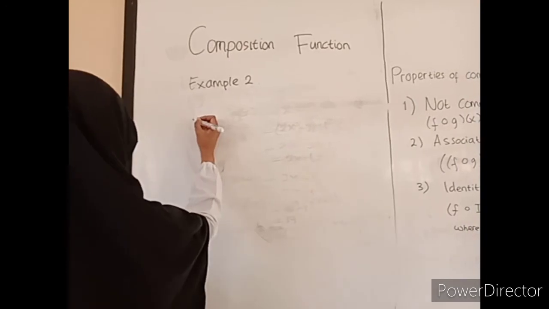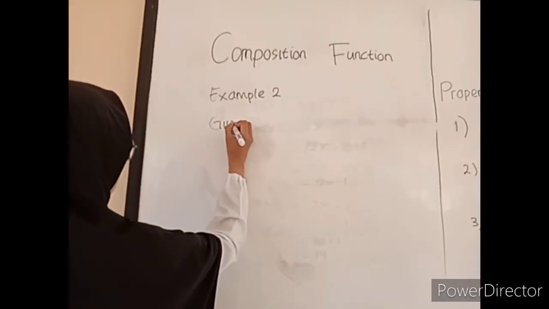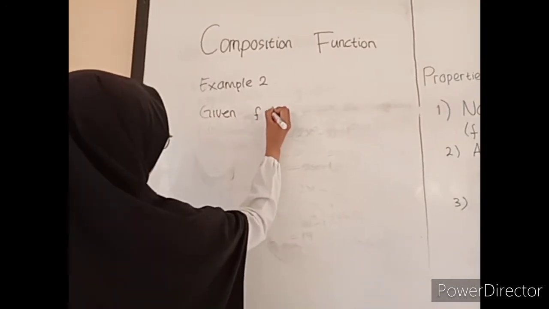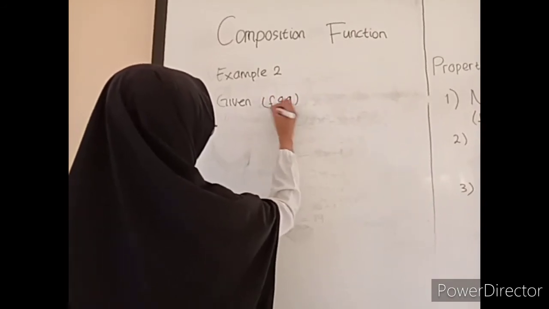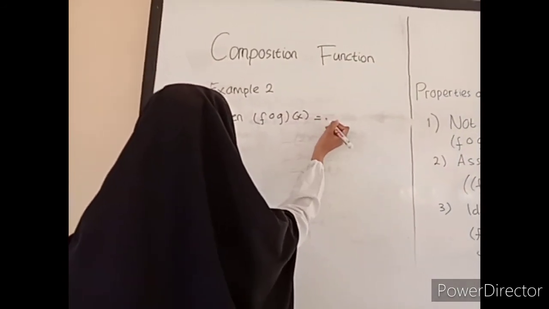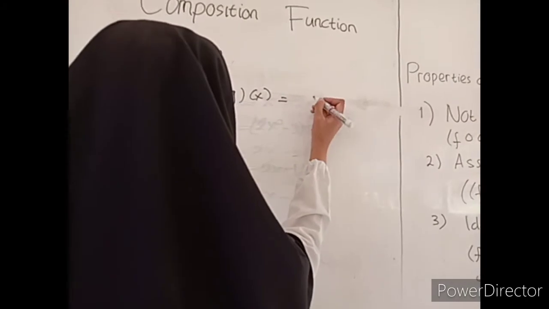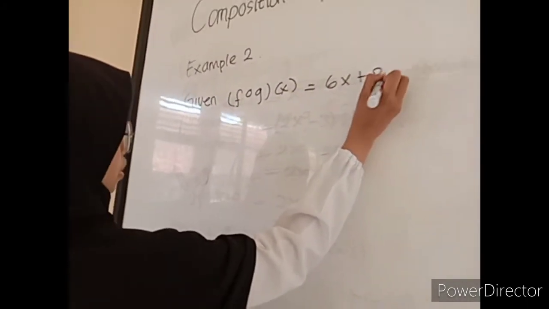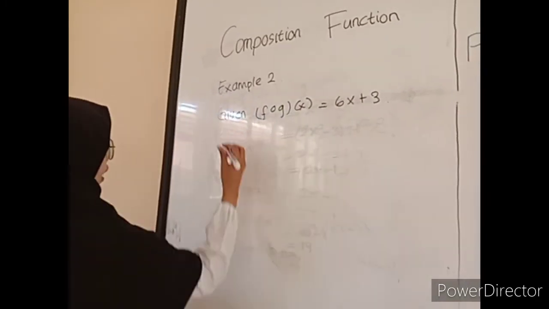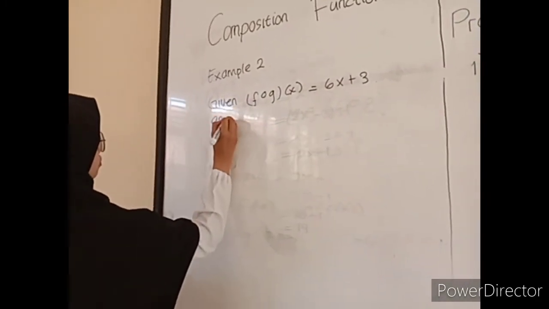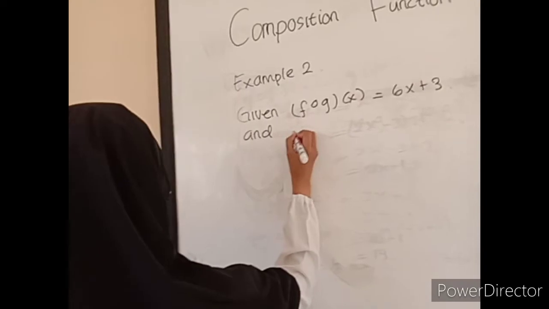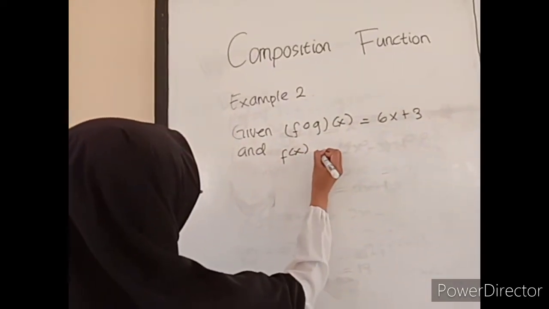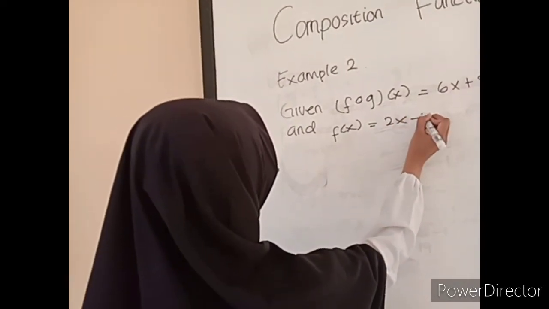The problem is: given (f ∘ g)(x) equal to 6x + 3 and f(x) equal to 2x - 3.